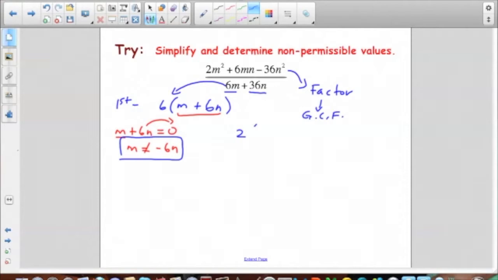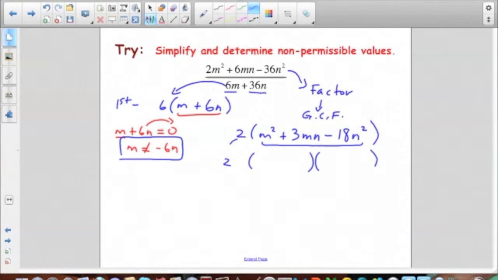Now we get m squared plus 3mn minus 18n squared. Now can we do anything else? Well, we can see this is a simple trinomial, so we are going to factor that simple trinomial. The 2 just comes down.